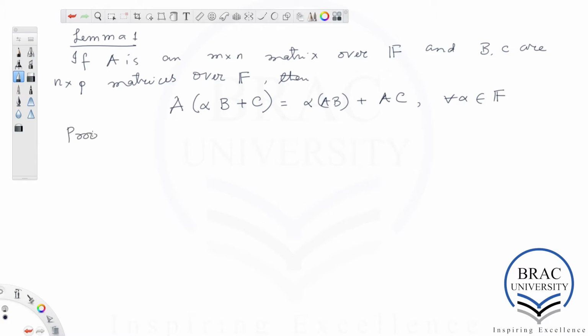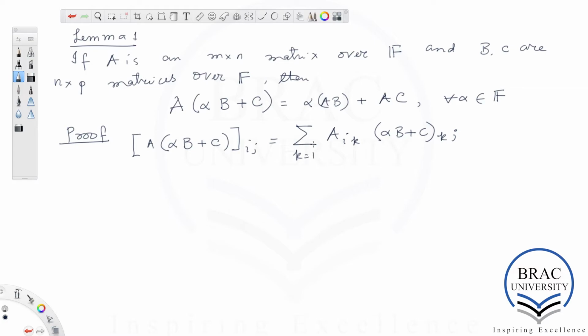So the proof is straightforward. I take the ijth entry of the matrix on the left side, A times (alpha B plus C), ij. Now by the definition of matrix multiplication, we know that this is equal to the sum of aik times (alpha b plus c) kj, where k runs from 1 to n.